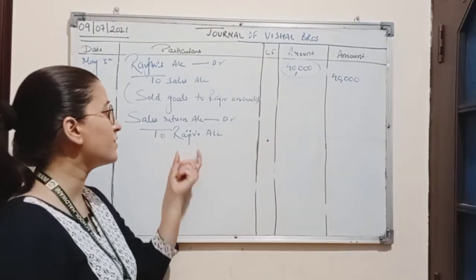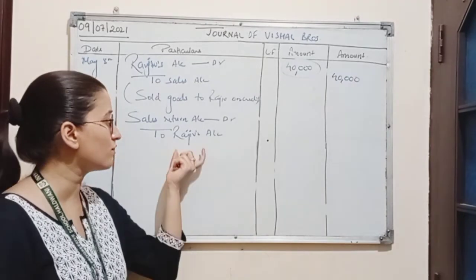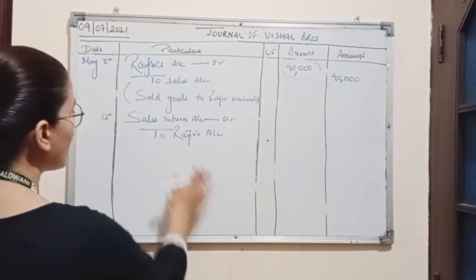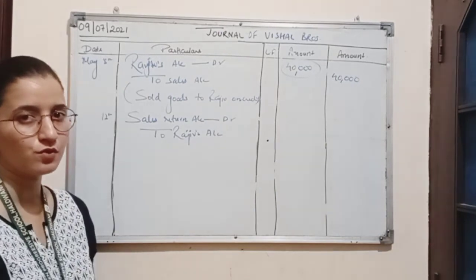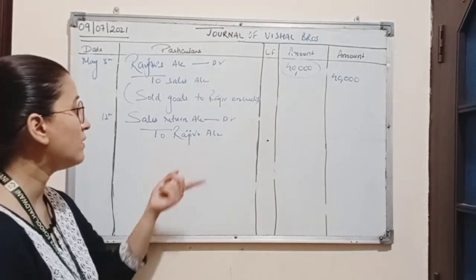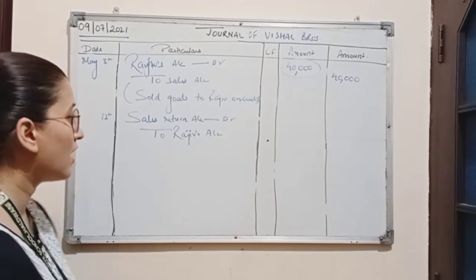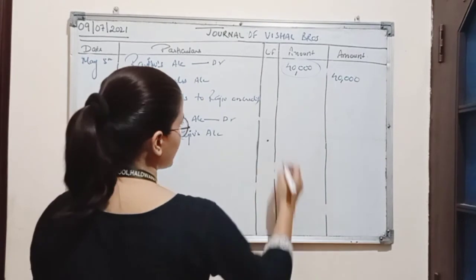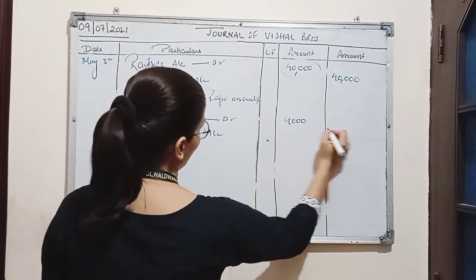As Rajiv is returning the goods back, Rajiv is the giver of the goods. So that is why according to the personal account rule, which is debit the receiver, credit the giver, we will be crediting Rajiv's account. 10% of 40,000 is rupees 4,000.